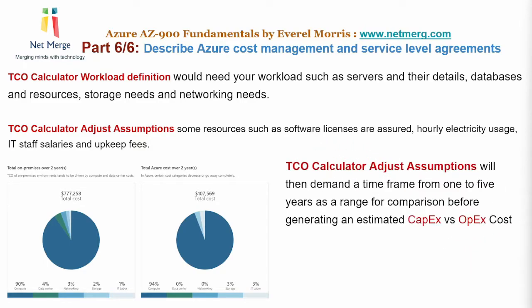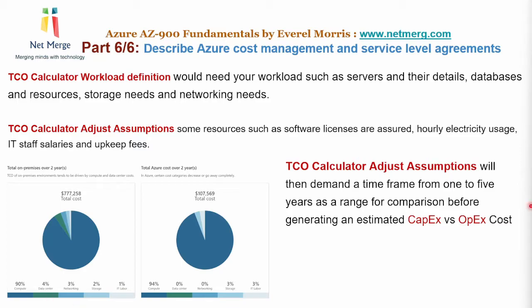What we have right here is a TCO calculator where the assumptions are already adjusted, and then it will demand a time frame for you to use it, normally between 1 or 2 years. You want to measure between 1 year or 5 years, and that's a range that you could use. In this example, we're measuring capital expenditure versus OPEX costs over a 2 year period.